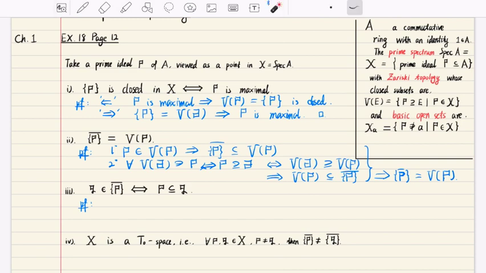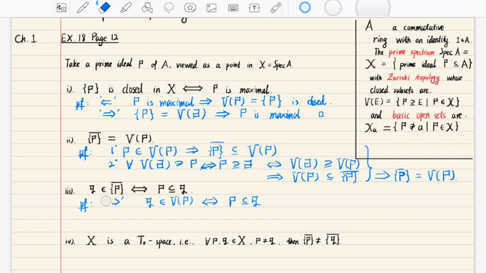Since we already know the closure of a point is V(P), for the only if part we firstly get Q belongs to V(P), and this is equivalent to P being contained in Q. Very simple.